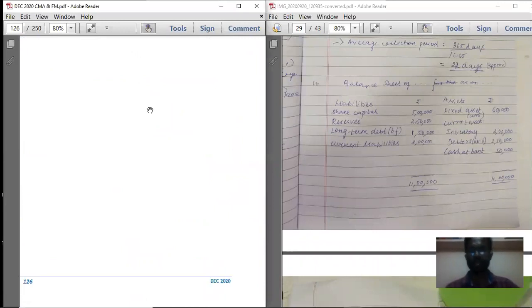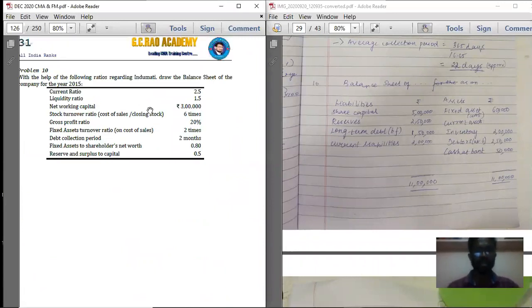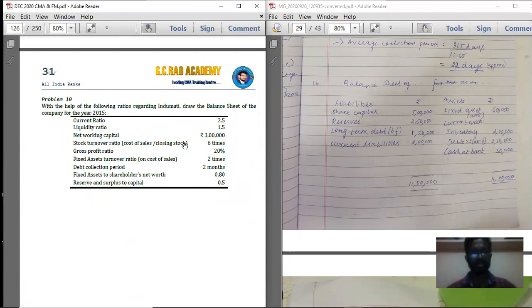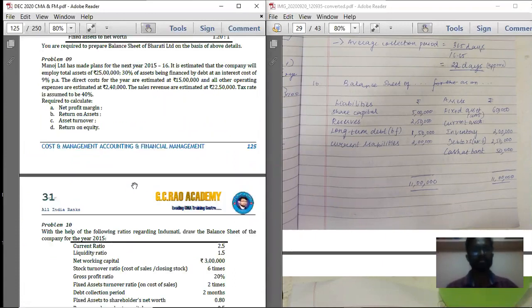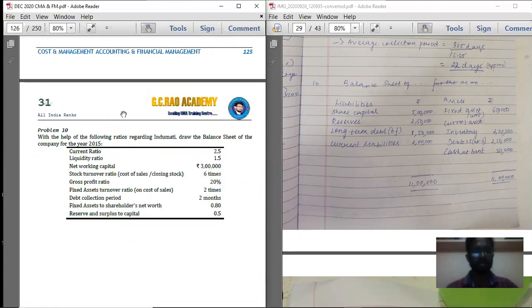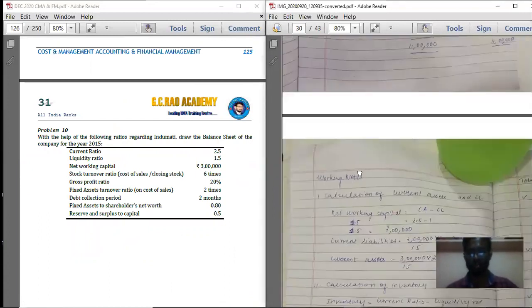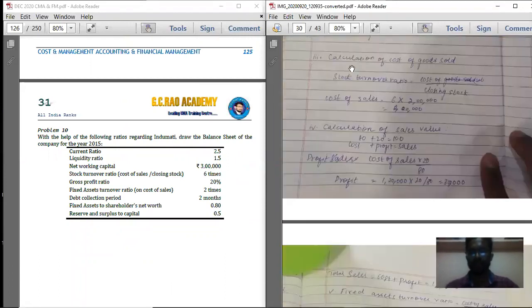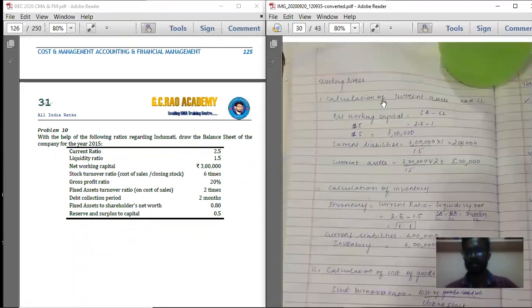And next is problem number 10. Problem number 10 and problem number 8 are totally similar, where using these formulas you can find the answers for problem number 10 too. What are the different formulas in this?